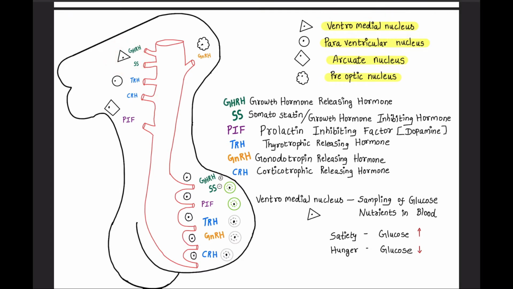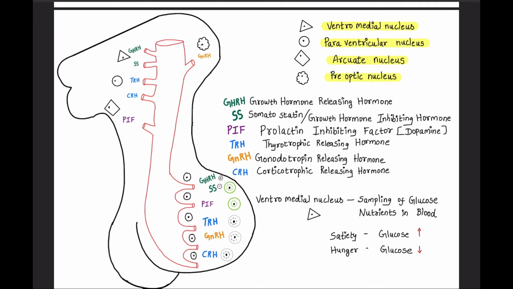One hormone will release the growth hormone, and another hormone named somatostatin will inhibit the growth hormone. And the paraventricular nucleus secretes thyrotropic releasing hormone and corticotrophic releasing hormone. The arcuate nucleus releases the prolactin inhibiting factor.